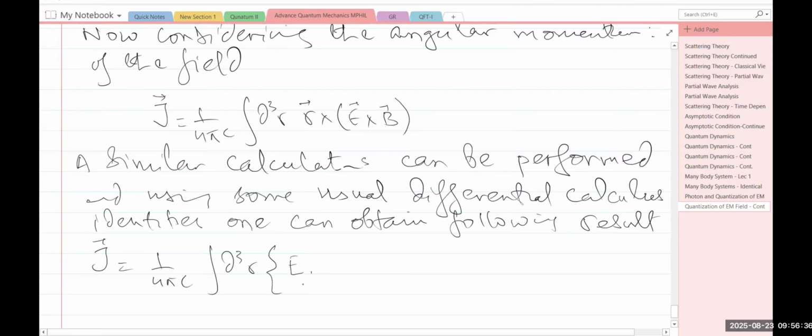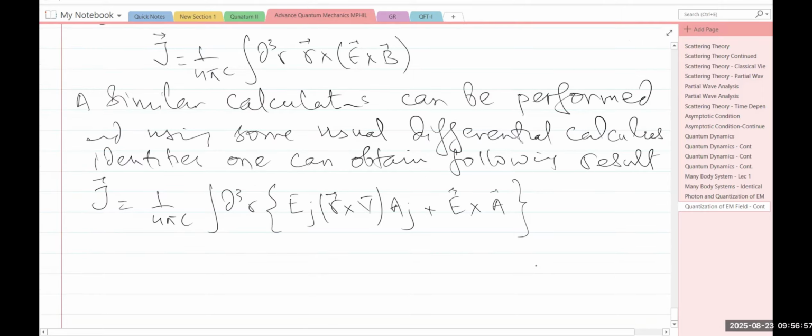So we have E_j of r cross delta A_j plus E cross A. So this first term represents the orbital part, and the second term is in fact the intrinsic angular momentum of the photon.